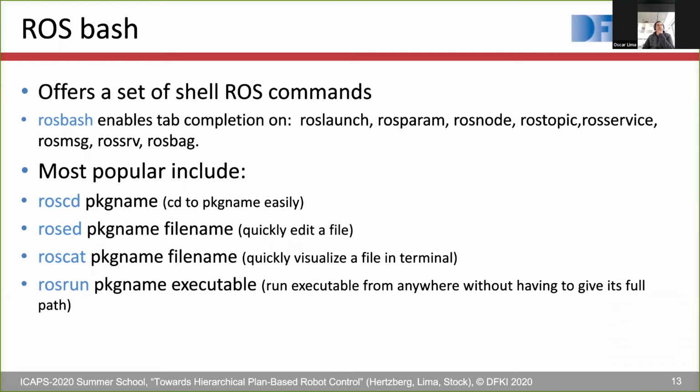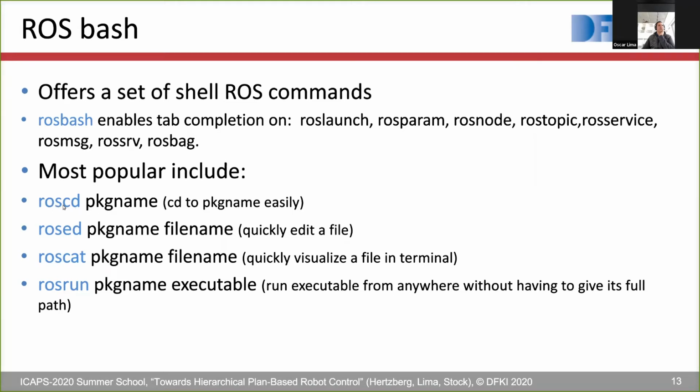So next we will talk about ROSBash. ROSBash is just a collection of commands and aliases and autocompletion. To give you some examples, you have ROSCD, ROSED, ROSCAT, and ROSRun. ROSCD is just an easy way to navigate to your package.